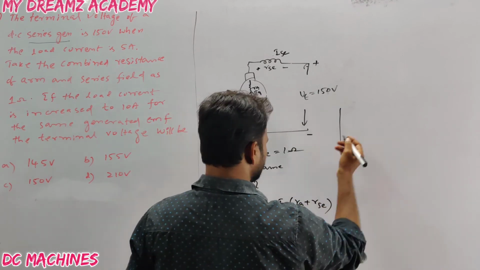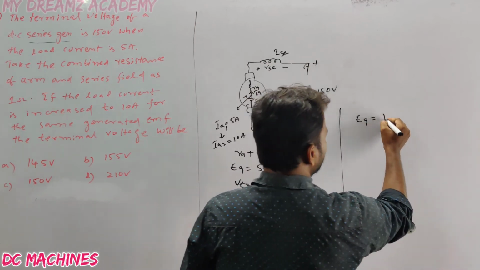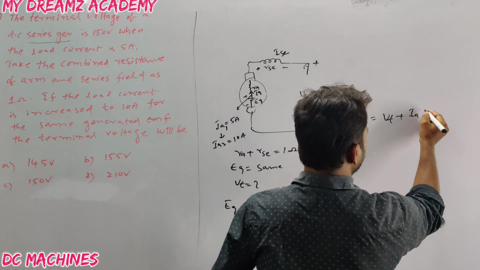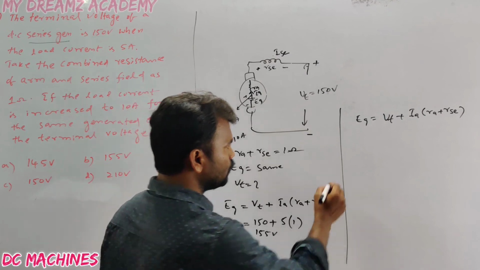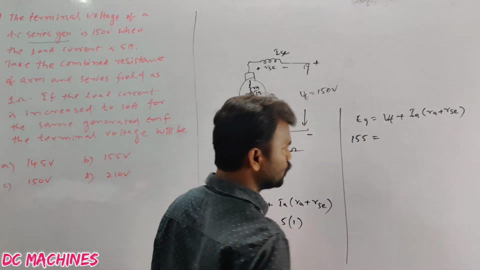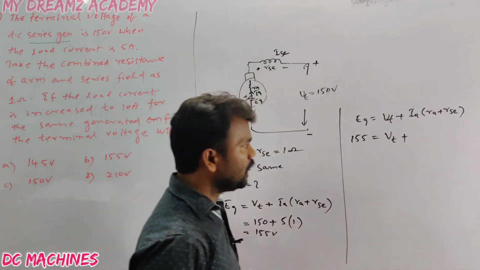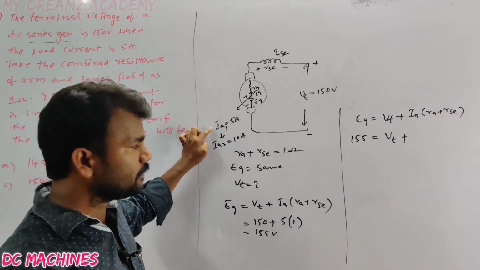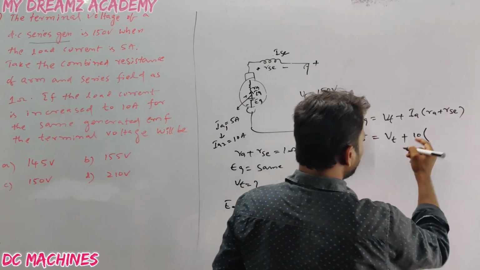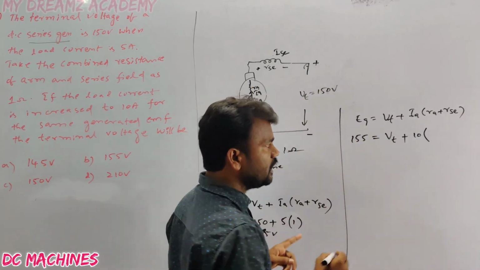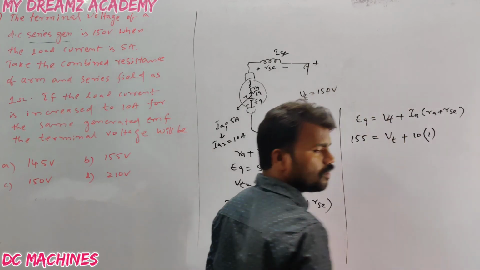Now, Eg is equal to Vt plus Ia into (Ra plus Rse). For the same generated voltage, 155 volts is equal to Vt plus the load, which has increased to 10 amperes, into the combined armature and field winding resistance of 1 ohm.